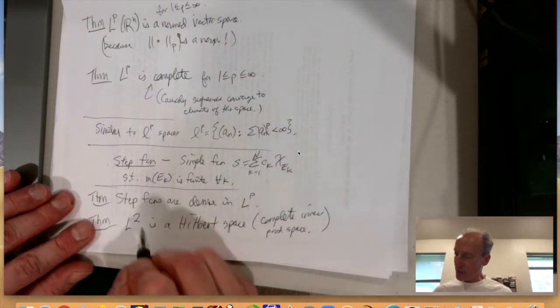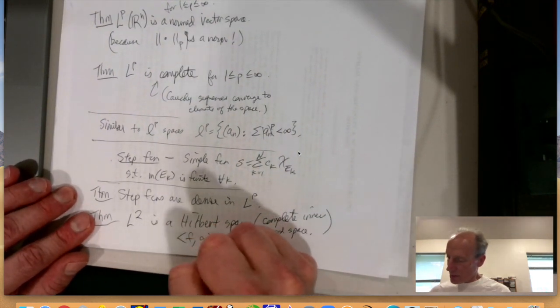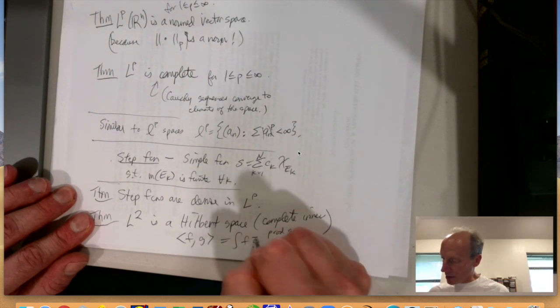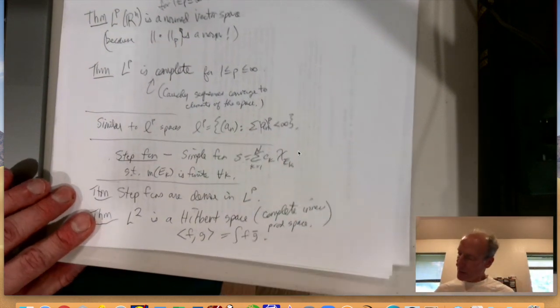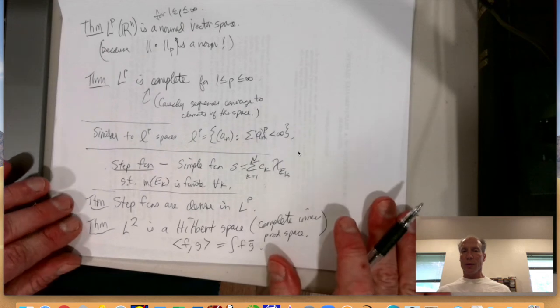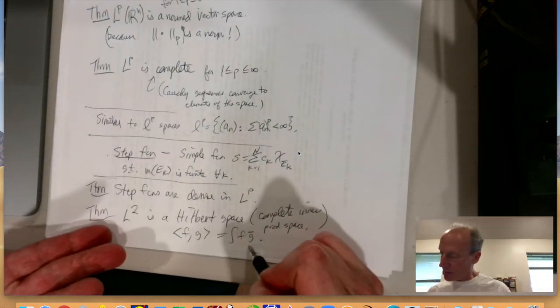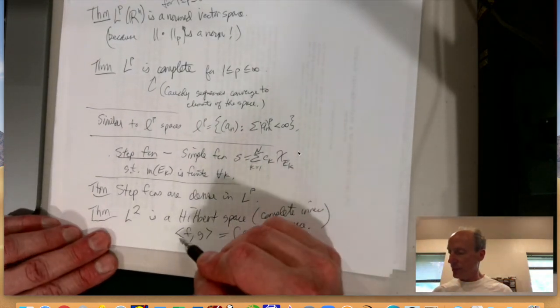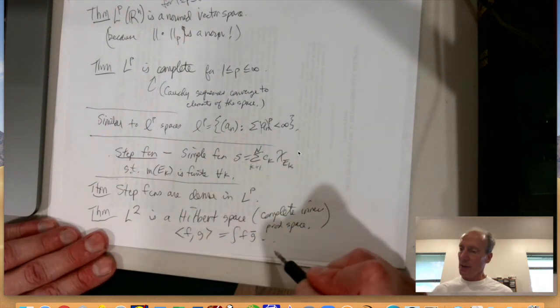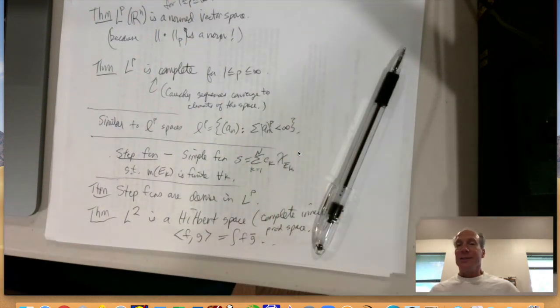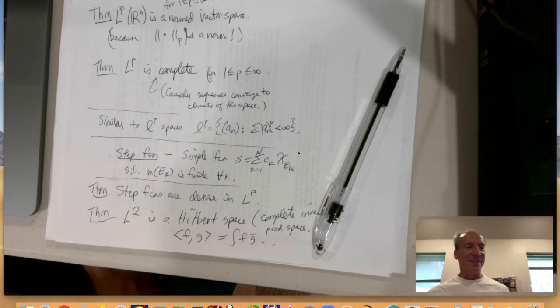So it's an inner product space where the inner product is the integral of f g bar. Right. And we've seen that before. And the L2 norm is exactly the inner product norm of this L2. That's it for Lp spaces. Isn't that exciting?